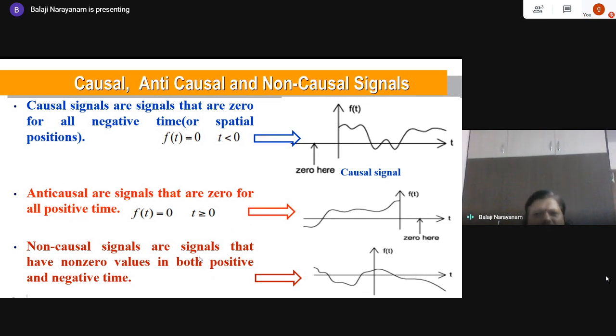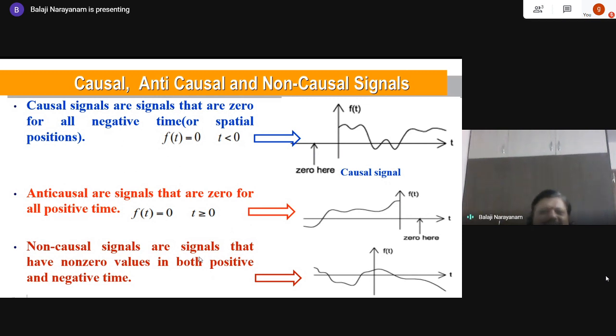Hence you may understand that whatever the systems that are there in nature are causal, and whichever systems anticipate, or depend on the future input values, are said to be non-causal. This is how we can easily remember causal and non-causal signal conditions.